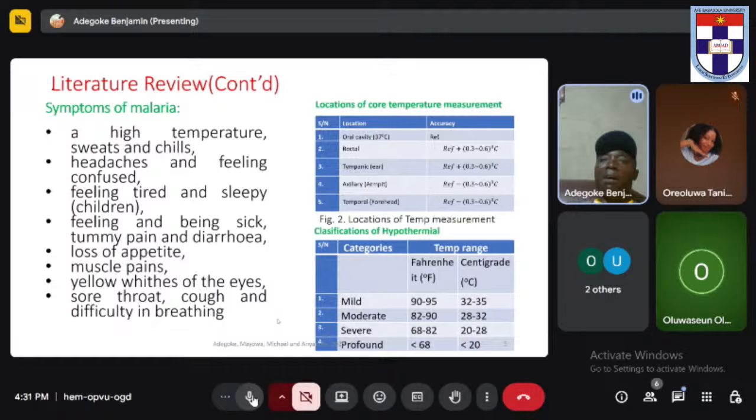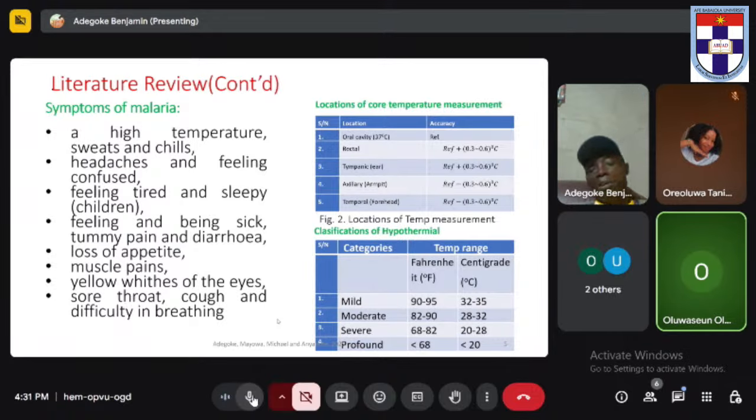When anybody has a rise in temperature, we say he has a fever. And we know that fever is more related to malaria. So that's the essence of emphasizing malaria in the second slide, which you refer to. But meanwhile, your suggestion will be taken into consideration concerning the title.